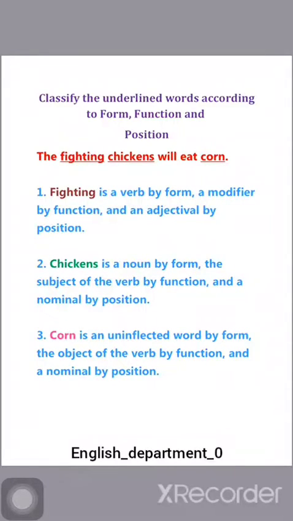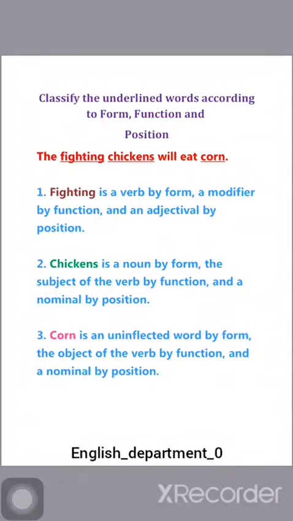So because it is the subject of the verb, in this case it is nominal by position. Why is that? Because we said in nominal position I might see the subject of the verb, the direct object, indirect object, and so on and so forth. Okay, so by form it is a noun, by function it is the subject of the verb, and by position it is nominal.